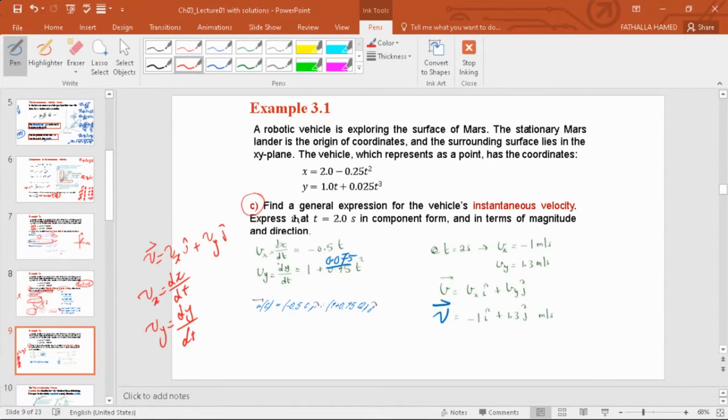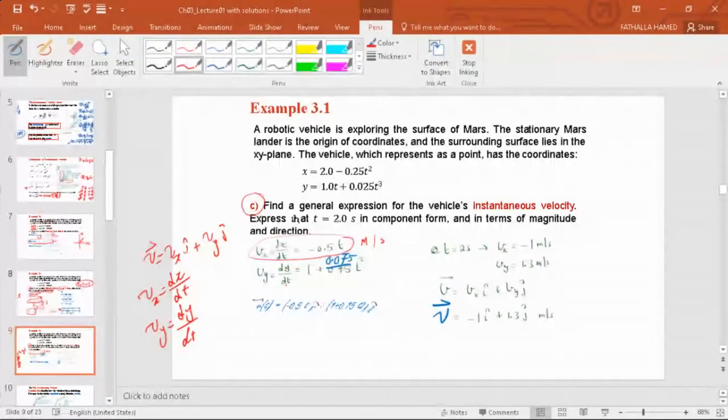So the vx, which is dx by dt, you go here, you have no t here, so you get 0, and you come here, the t squared will give you 2t, 2 times minus 0.25, it will give you minus 0.5t meters per second.